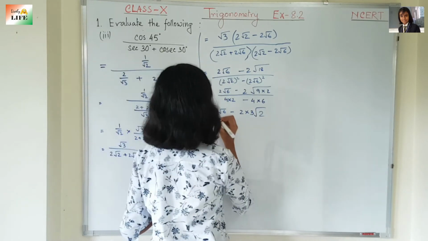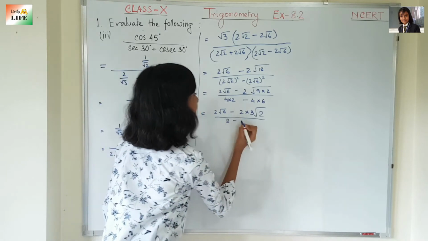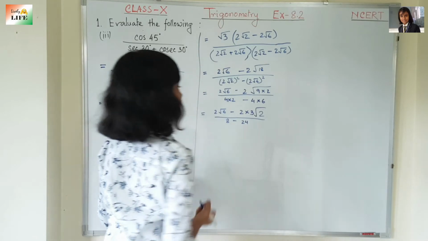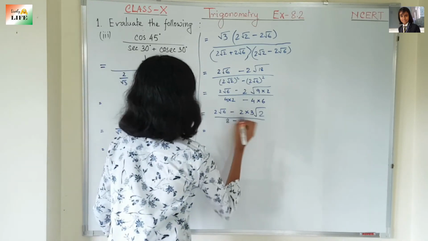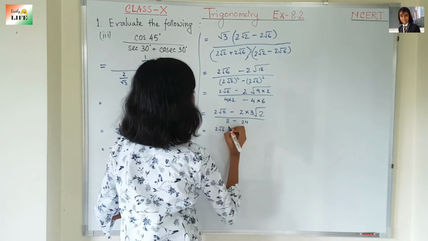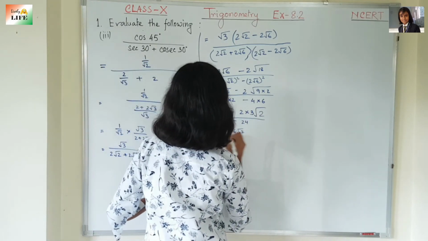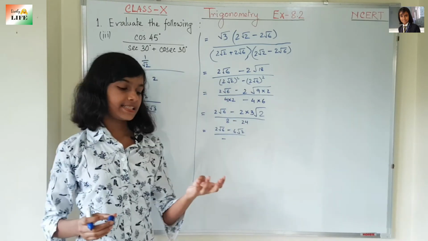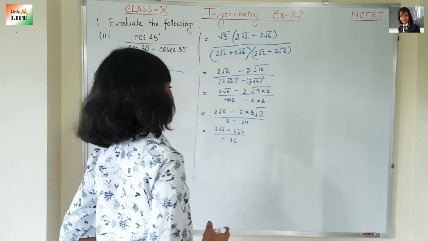Root 2 by, what is 4 2s? 4 2s are 8 minus 6 4s are 24. Now what will it be? It will be 2 root 6 minus 3 2s are 6 root 2 by 24 minus 8, which is 16.